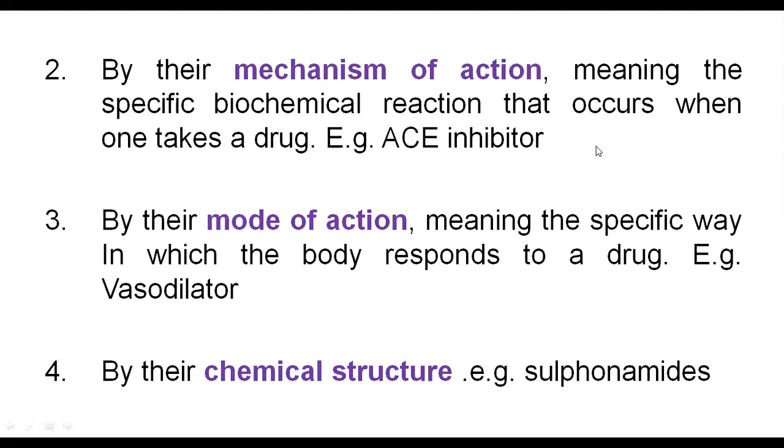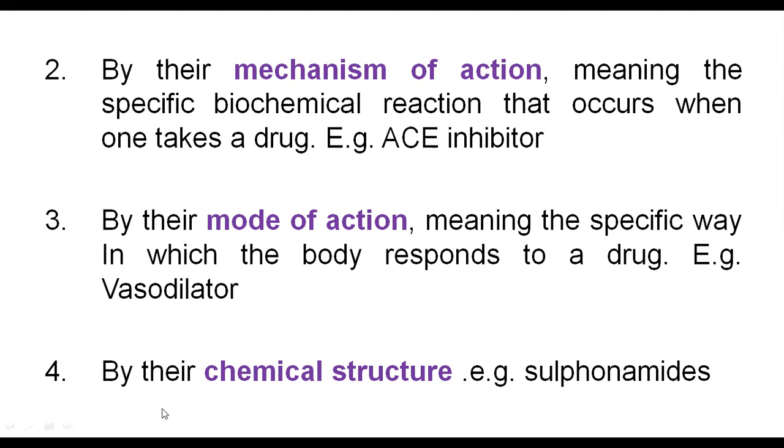Drugs can also be classified by their mode of action, meaning the specific way in which the body will respond to the drug. For example, drugs can be classified as vasodilators. Why? Because when these drugs are given, the body will respond by dilating its blood vessels. For example, hydralazine.